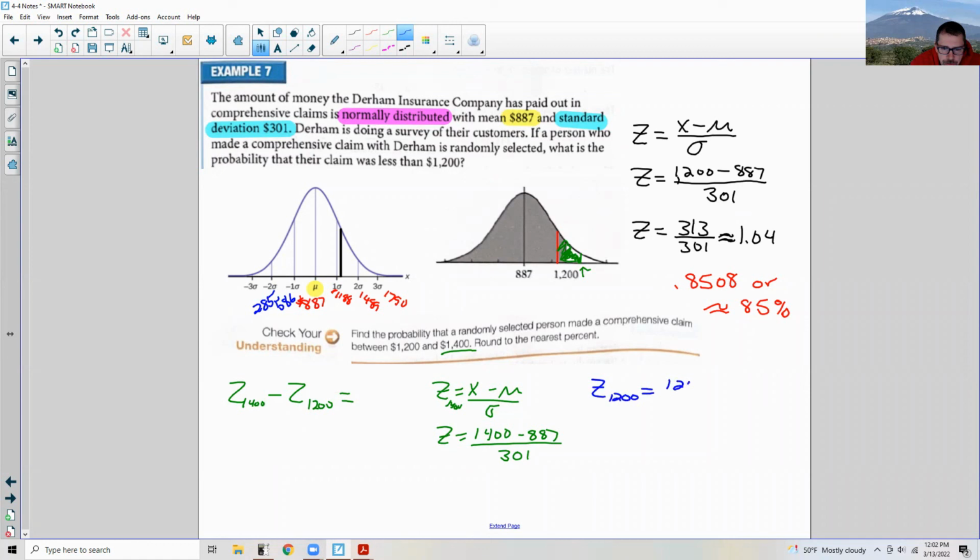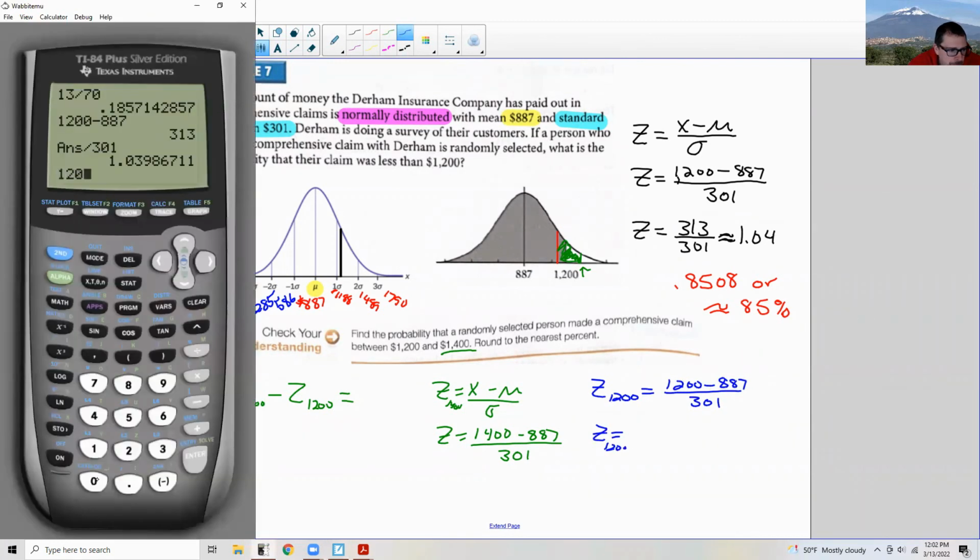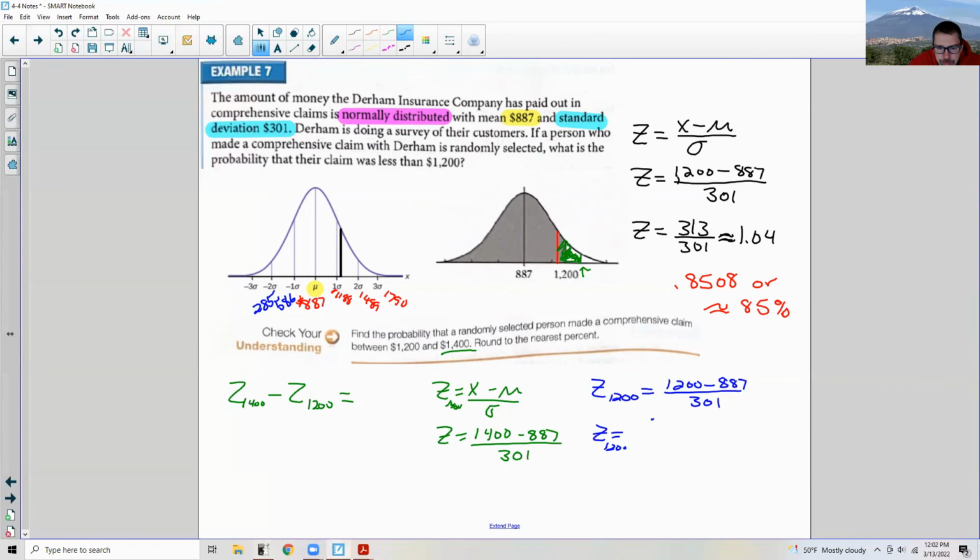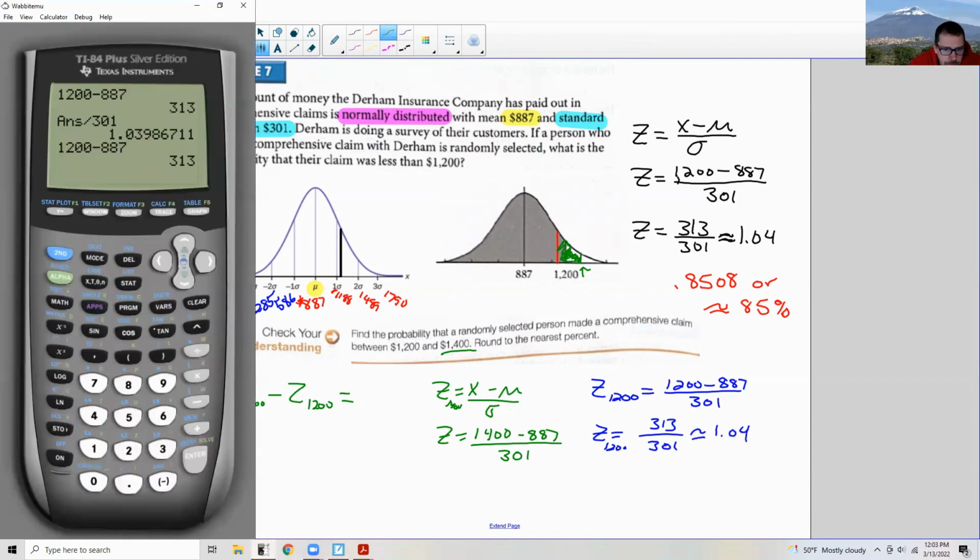And that's going to be 1,200 minus our mean divided by our standard deviation. So when I get these two, I'm going to get 1,200 minus 887, which is 313. Oh, we already did that one. Over 301, which is approximately 1.04. The other one is 1,400 minus 887 divided by 301.